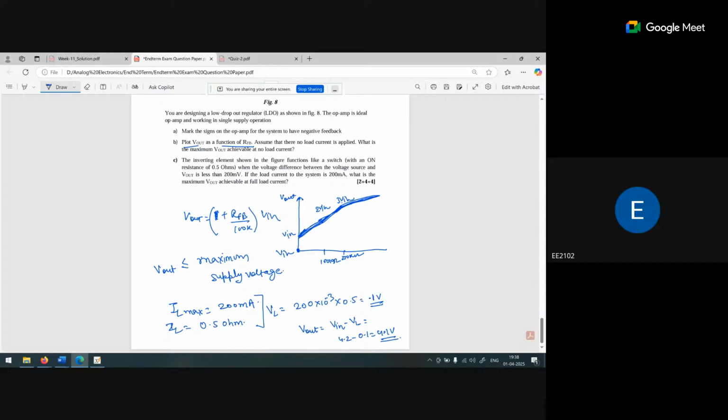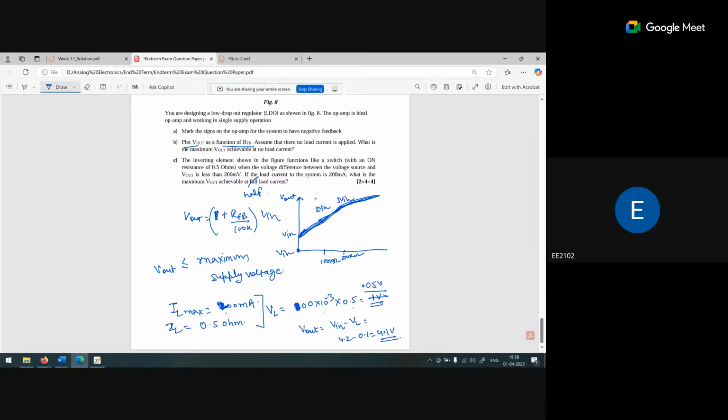Okay, if they are saying half load current, what is the meaning of half load current? The full load current is 200, so half load current is 100. I max is 200. So VL is, for 100, half load current multiplied by 0.5, so that is 0.05 volt.